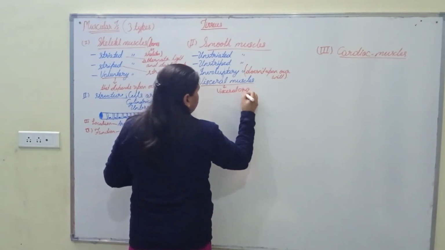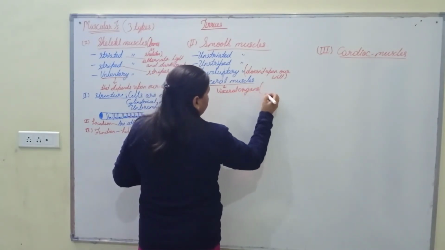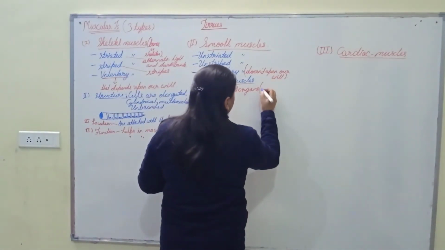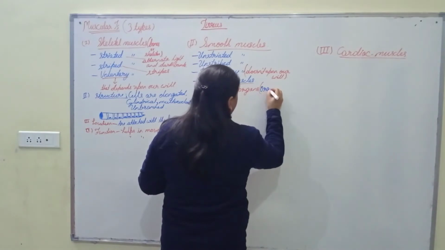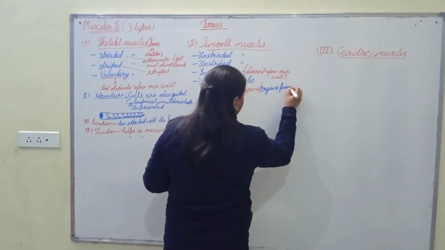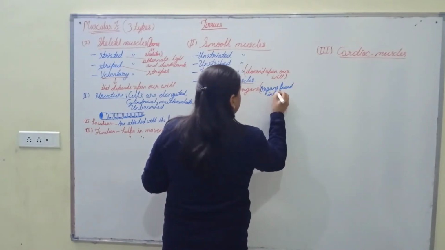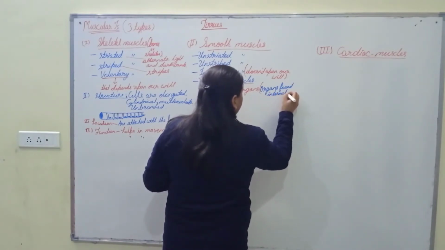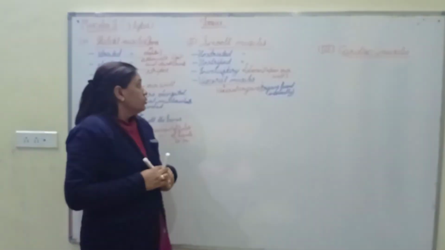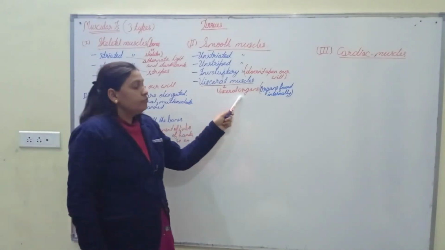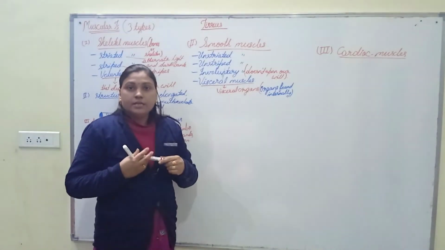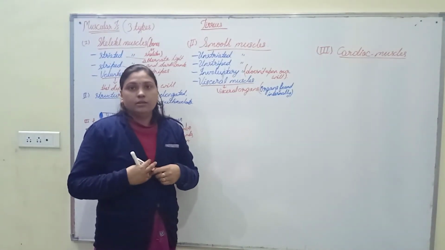And what are visceral organs? Organs that are found internally are called visceral organs. So visceral muscles are found in the visceral organs, and visceral organs are those that are inside our body.